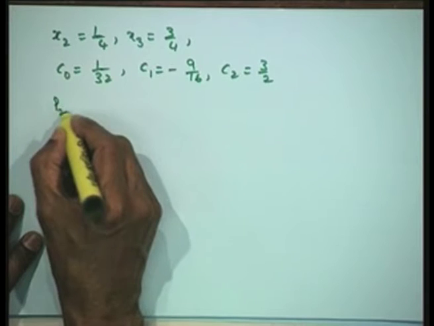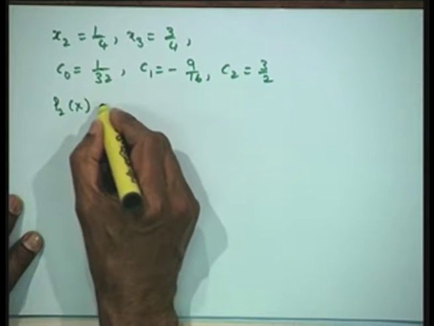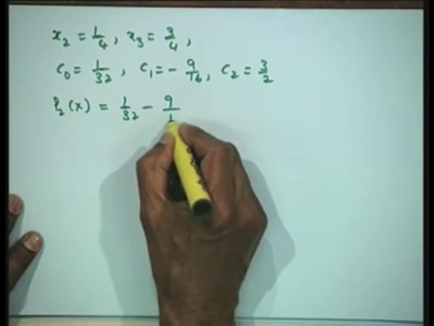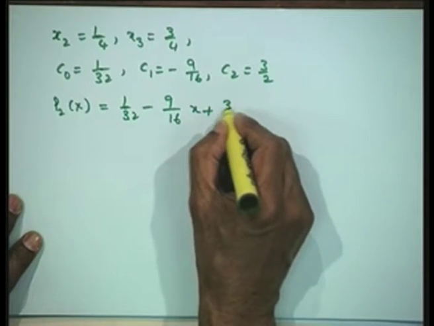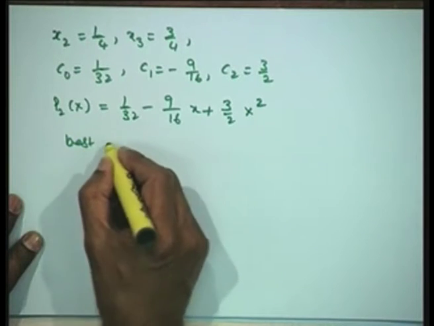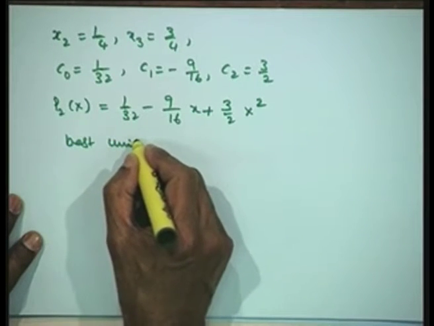Therefore, our best uniform approximation is 1 upon 32 minus 9 by 16 x plus 3 by 2 x square. So, this is the best uniform approximation.